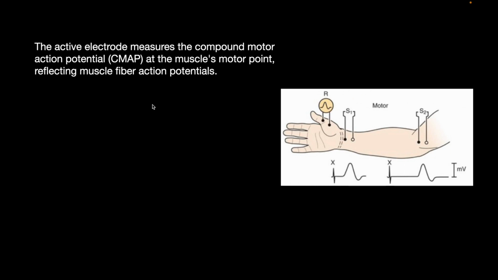This is the setting of a motor study. Here you have the stimulus. This is the distal stimulus. This is the proximal stimulus. And here you record on the muscle the contraction and the effect. The active electrode measures the compound muscle action potential, that is CMAP, at the muscle motor point, reflecting the muscle fibers' potential.